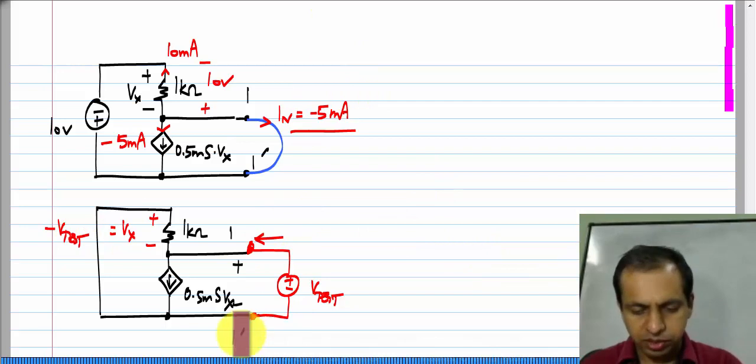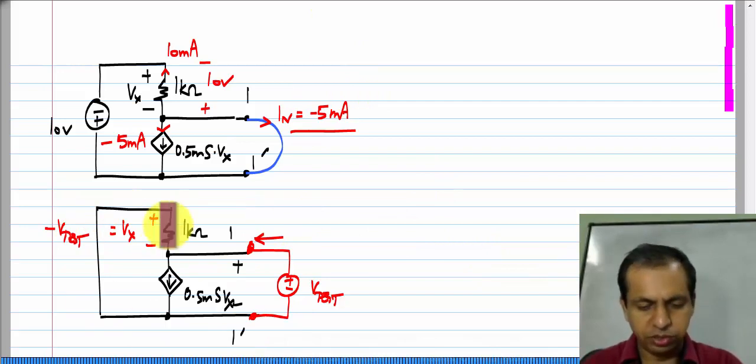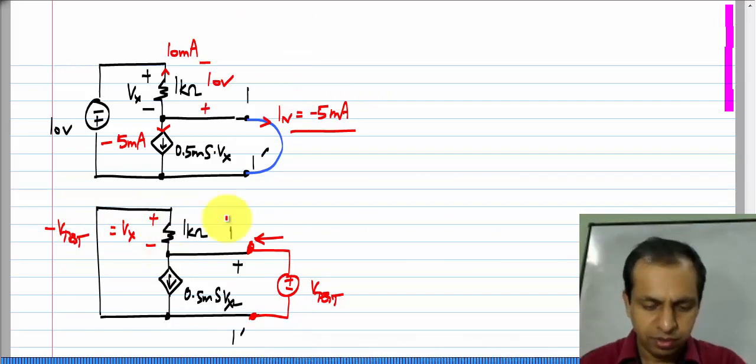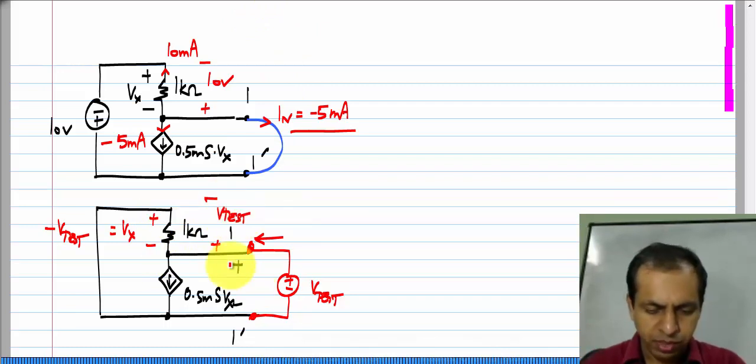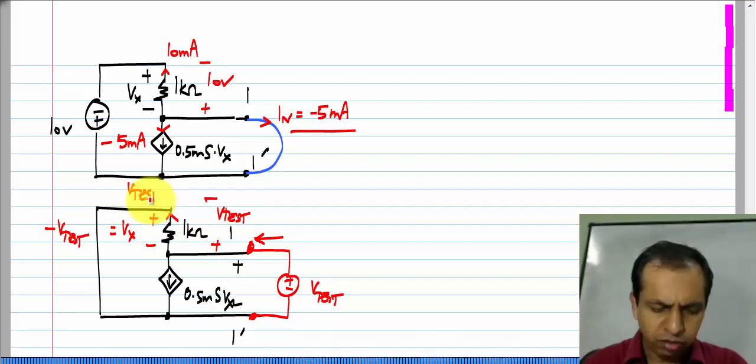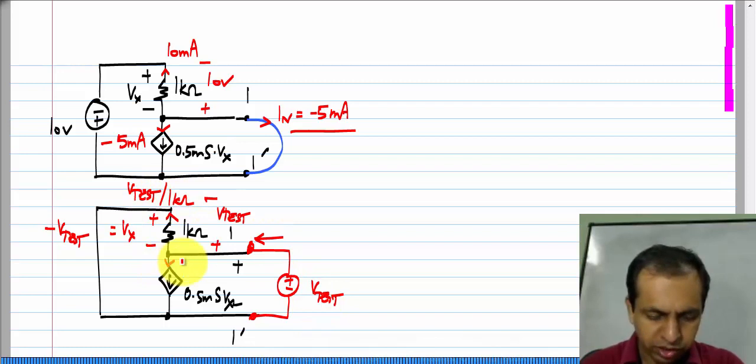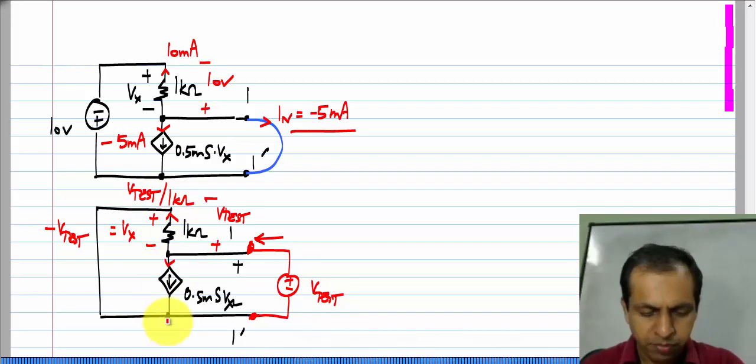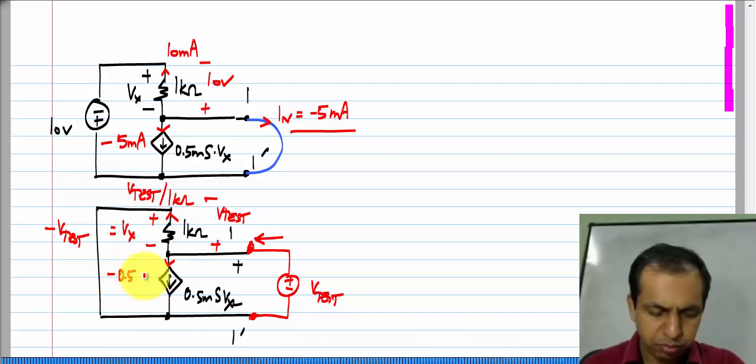We also observe that this V test appears directly across this 1 kilo ohm resistor with this polarity. So, first of all, here we have a current V test divided by 1 kilo ohm, and in this direction we have a current minus 0.5 millisiemens times V test.